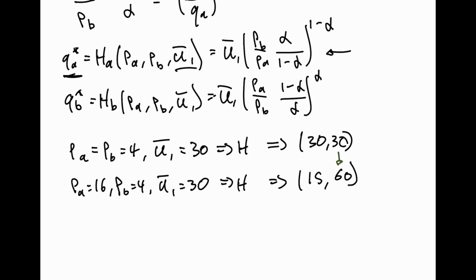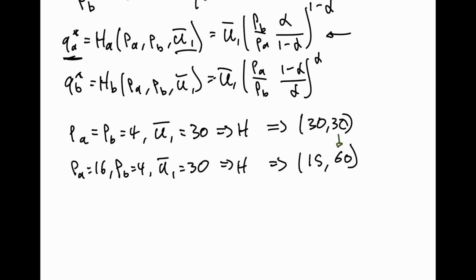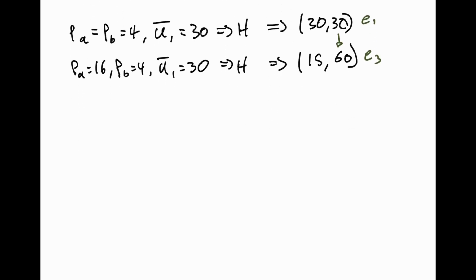Our expenditure at E3 is going to be higher. So let's go ahead and calculate this. Expenditure at E3 is 16 times 15 plus 4 times 60.